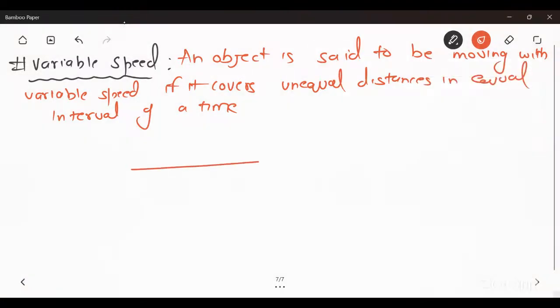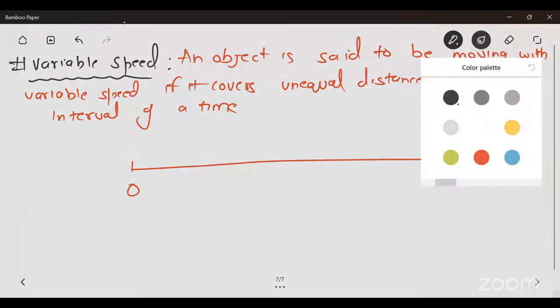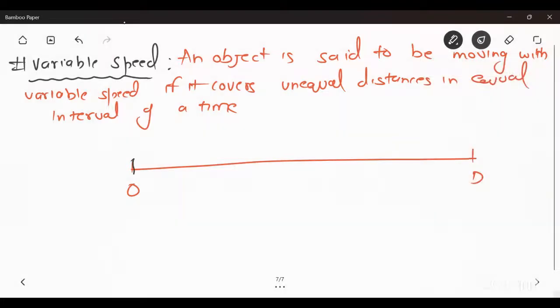Now suppose that was a line, a single line from O to D. Suppose that was your A point, that was the B point, that was C point, and that was D point. First is at 2 seconds, O to A 2 seconds, A to B another 2 seconds.